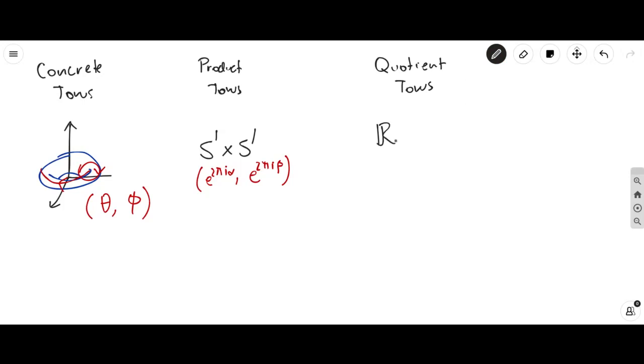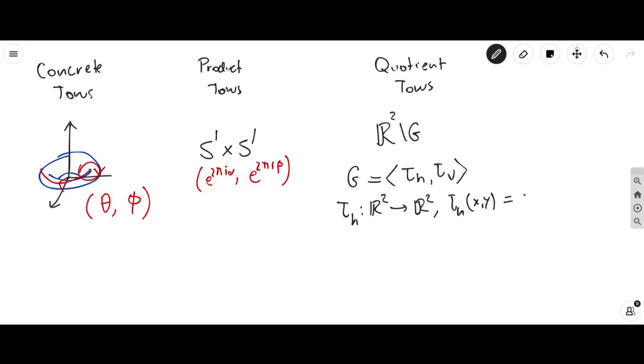The quotient torus is, you take the real plane and you quotient out by G. What is G? G is the group that's generated by a horizontal translation and a vertical translation. So T_h is the translation map that takes a point (x, y) and sends it to (x plus 1, y), and T_v is the translation that adds plus 1 in the vertical direction.